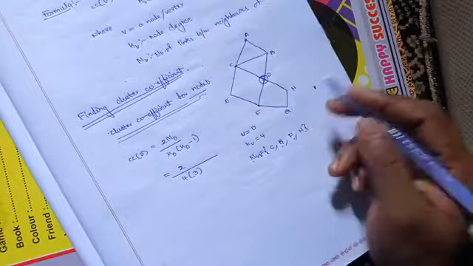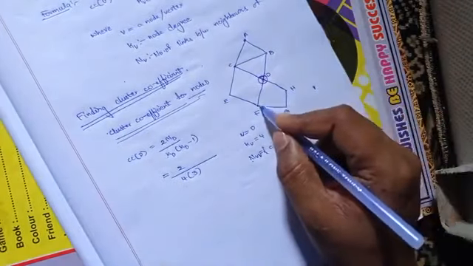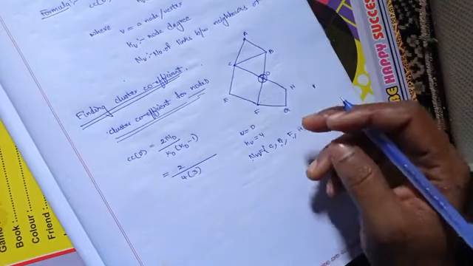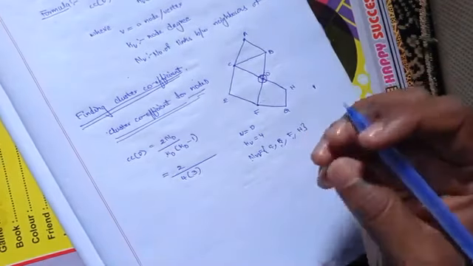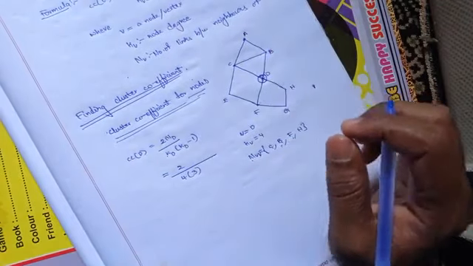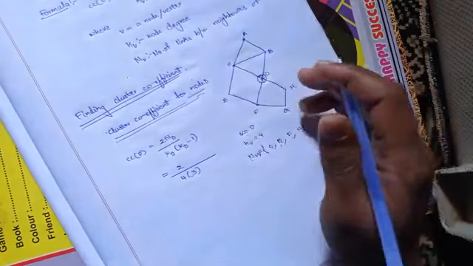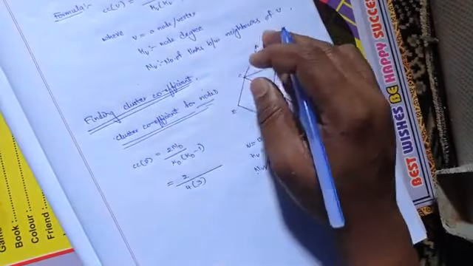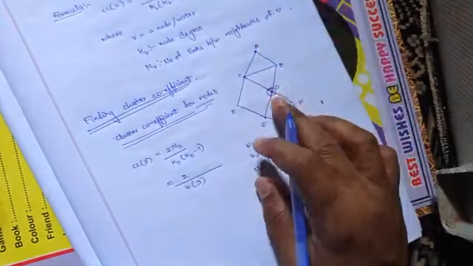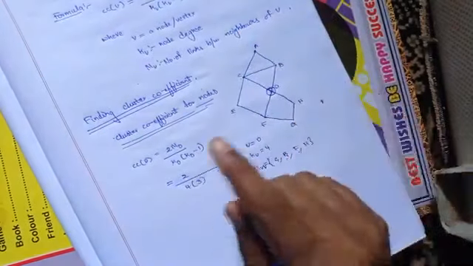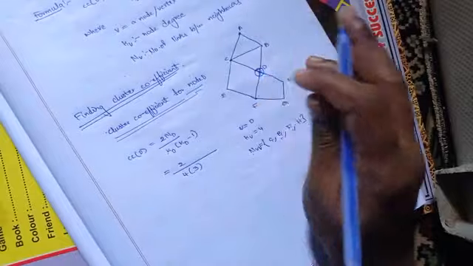So does FH have a link? No, it doesn't have a direct link. So every pair of neighbors of D has to have a direct link to be counted for ND, because it is the number of links between the neighbors of vertex V. CB is the only pair where we have a direct link.